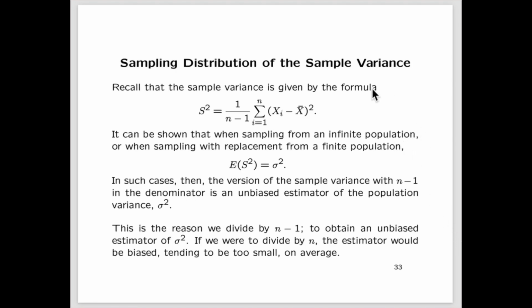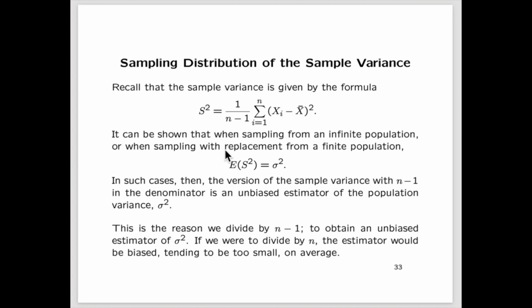In fact, that is what we were showing on this slide when we discussed the sampling distribution of the sample variance. We see here the formula for this version of the sample variance, the version that has n minus 1 in the denominator. And what we are stating here is that what we saw in this example is not unique to this example.